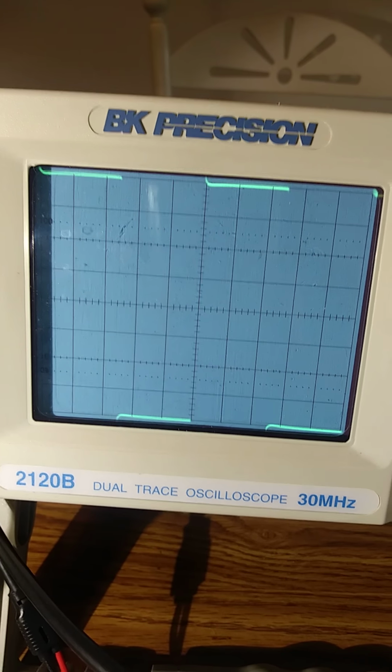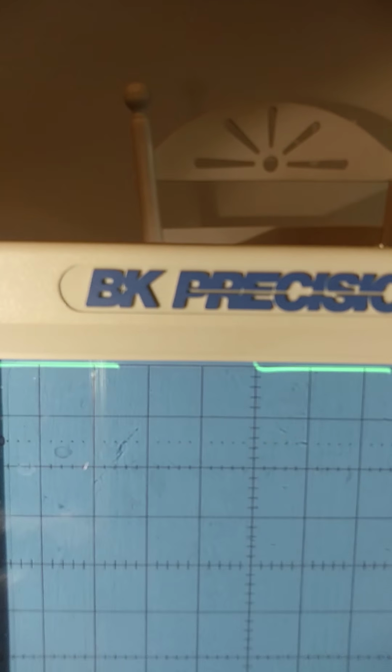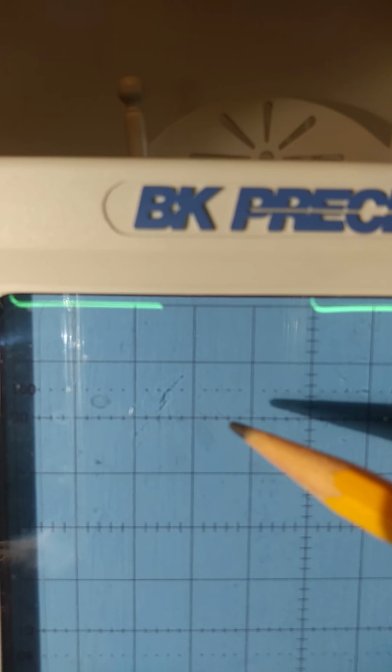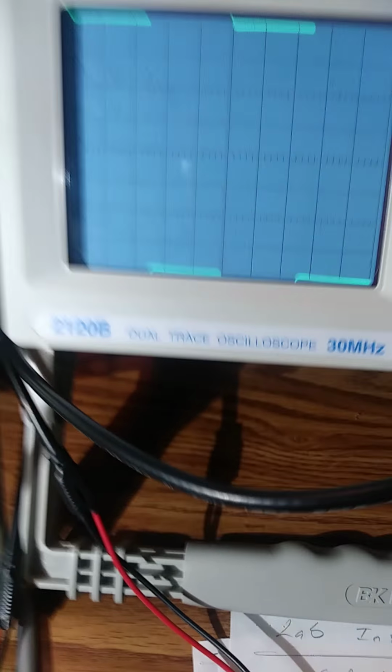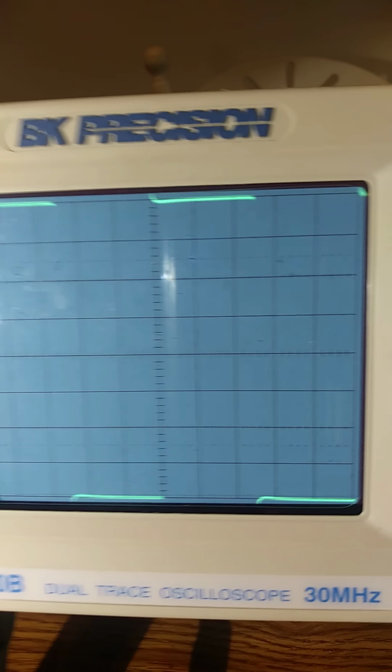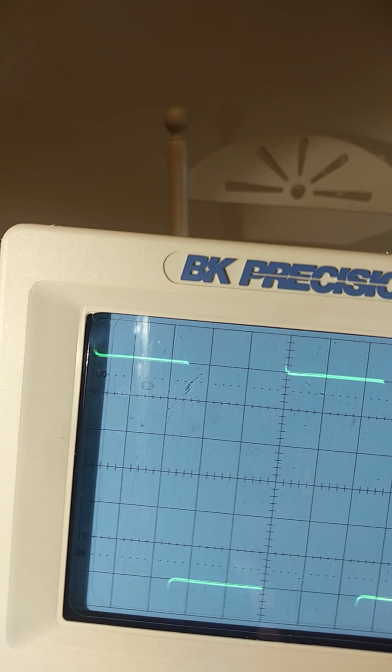So I've got 4 squares now, 4 squares from the 0. 1, 2, 3, 4. 4 times 1 is 4 volts, and my voltmeter reads 4.17. The VRMS is 4.17.